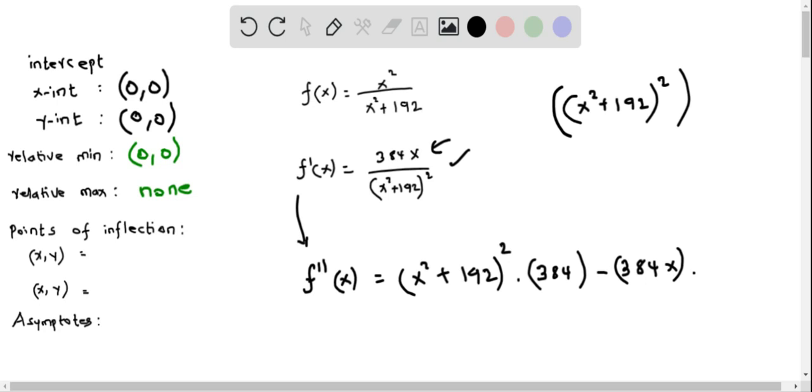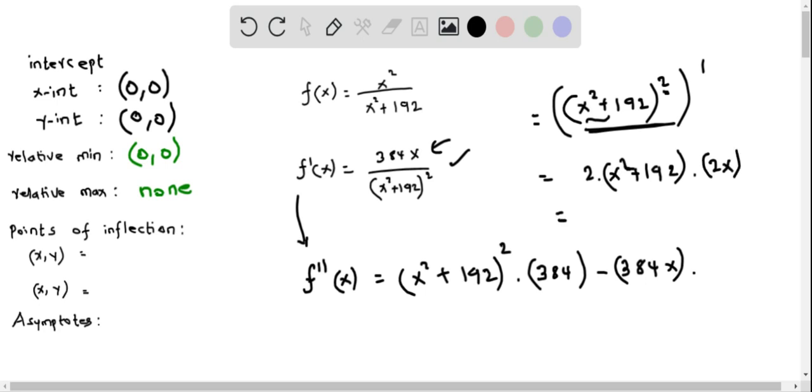We find its derivative. So when we first apply the power rule, we put this power, which is 2, in front, and then multiply with the expression x squared plus 192 raised to the power of 2 minus 1, which is 1. So we can just write down x squared plus 192, and then multiply with the derivative of the inside expression using the chain rule. So the derivative of x squared plus 192 is 2x.